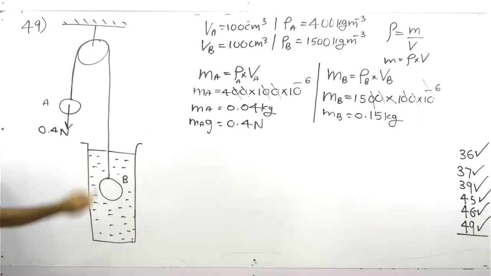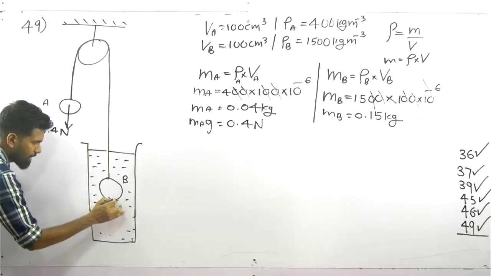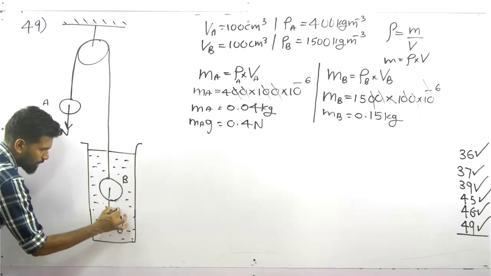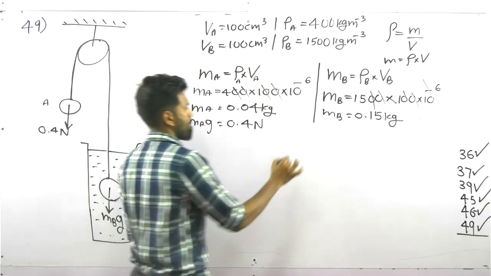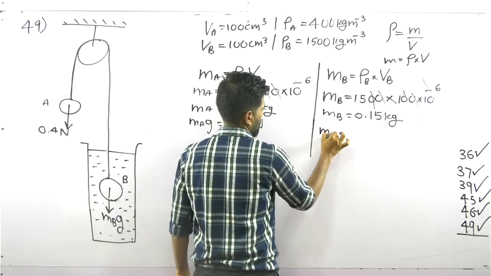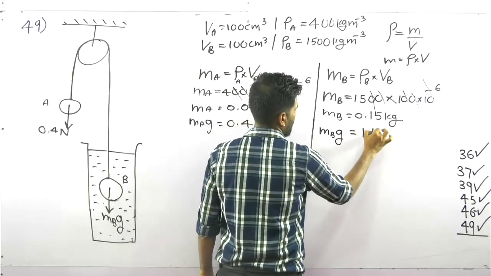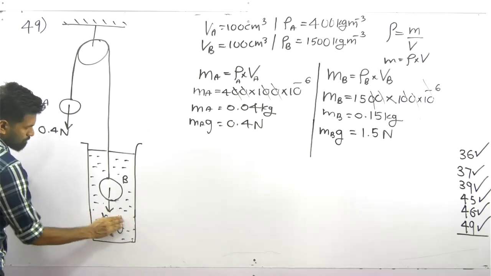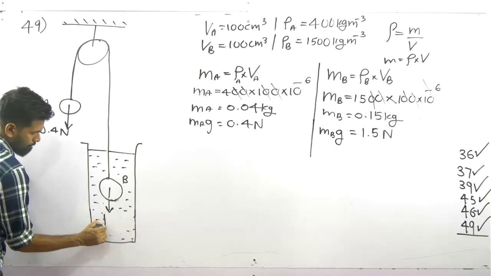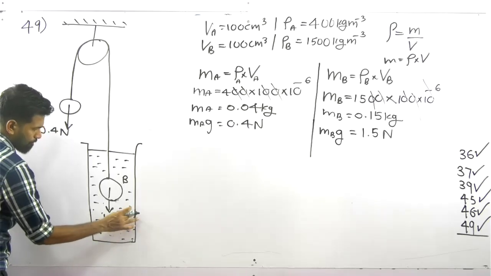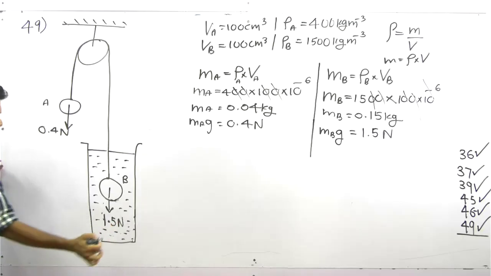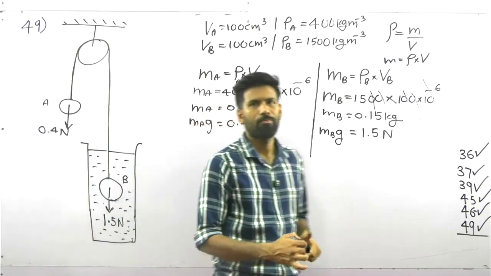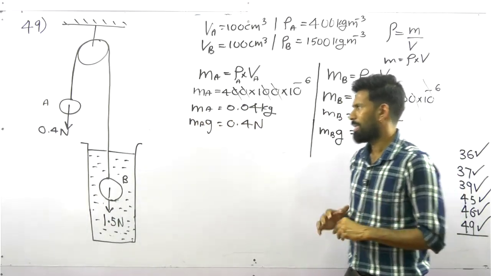The weight of B, mbg, I'm marking it here, is 1.5 newtons.